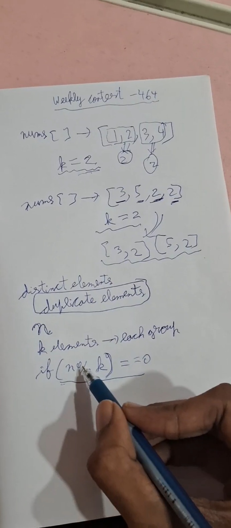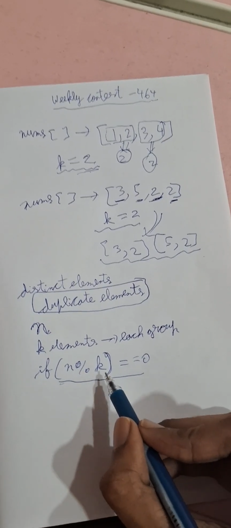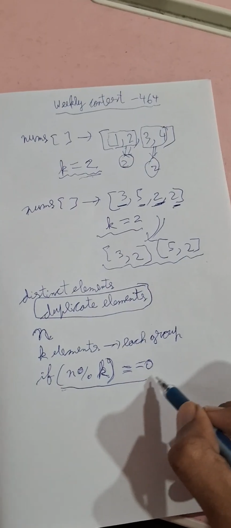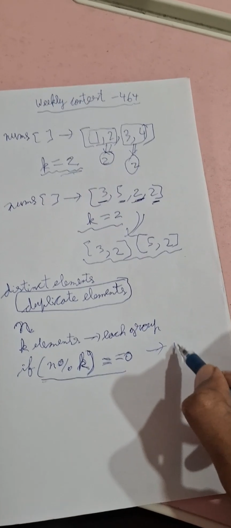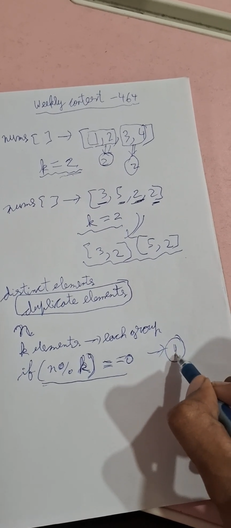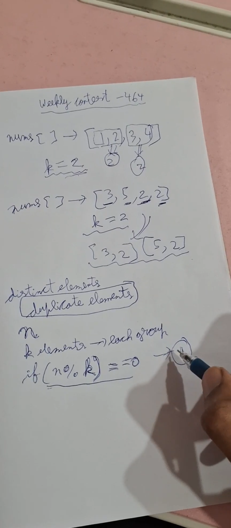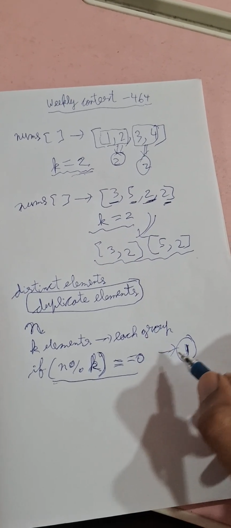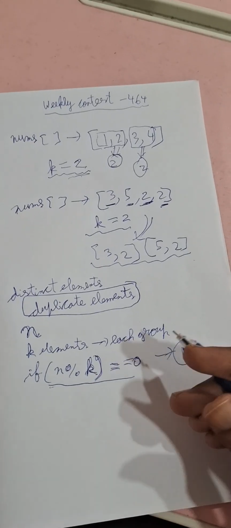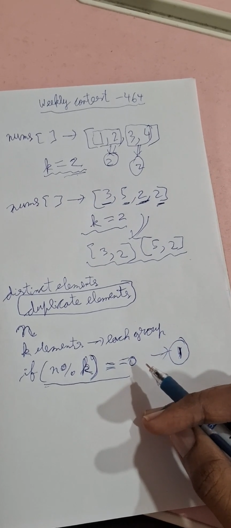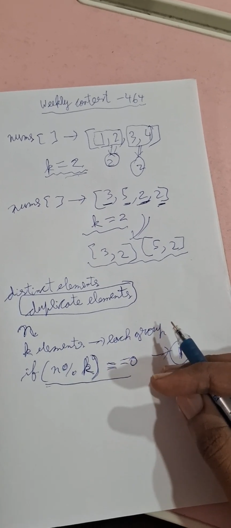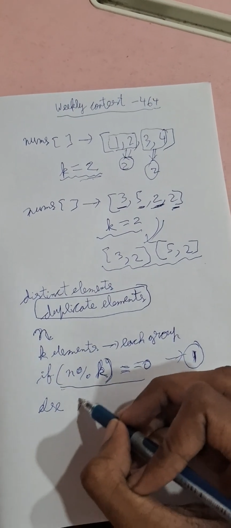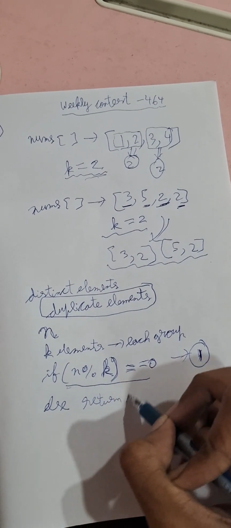That means the array size must be divisible by k, otherwise it is not possible. This is the first condition that you need to be aware of, because in the question they are asking to state whether it is possible or not. So if this condition is true, then we can move forward for further exploration. Otherwise we cannot, so else return false.